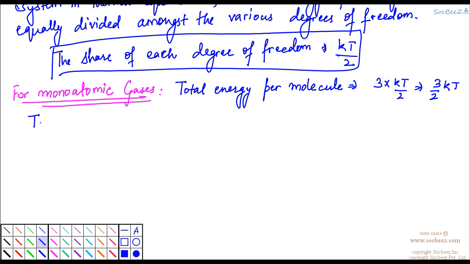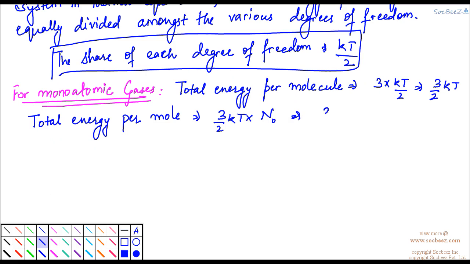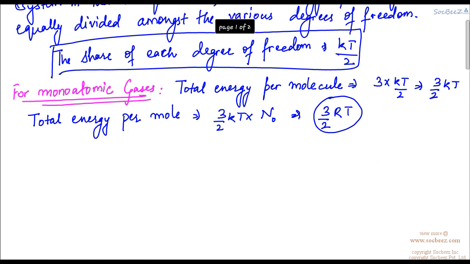Similarly, the total energy per mole is nothing but 3 by 2 kT into Avogadro's number. And as you know, k into N naught is R, so 3 by 2 RT. So it is the total energy per mole of a monoatomic gas.